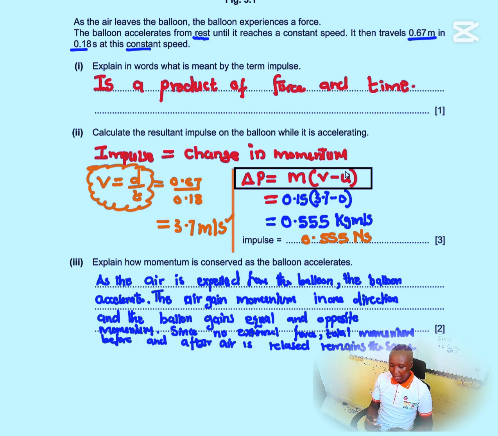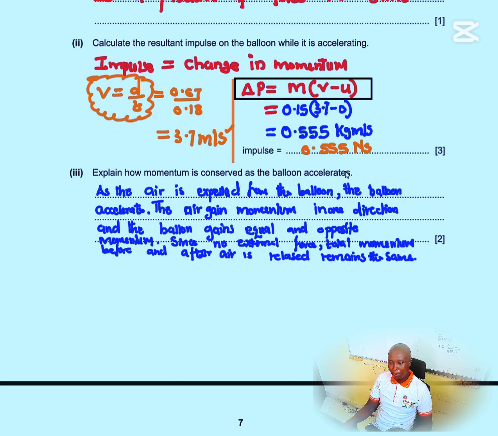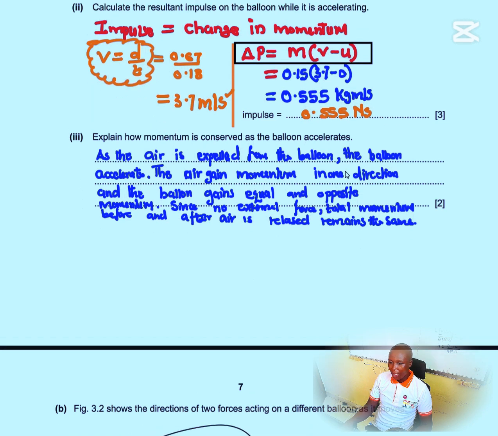The law of conservation of momentum states that momentum before collision is equal to momentum after collision, provided there is no external force acting on the system. Now we are supposed to explain how momentum is conserved when this balloon accelerates. As air is being expelled from the balloon, the balloon will accelerate forward. As the air gains momentum in one direction, the balloon also gains equal momentum in the opposite direction.